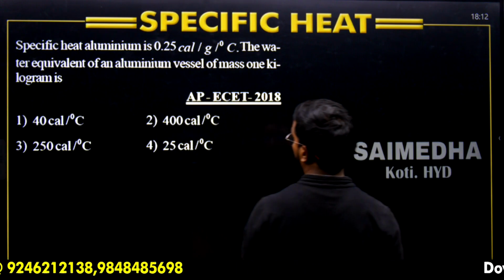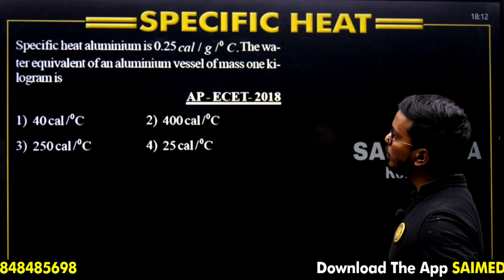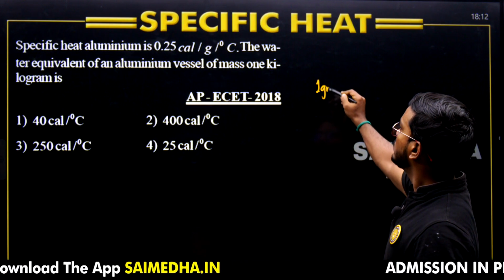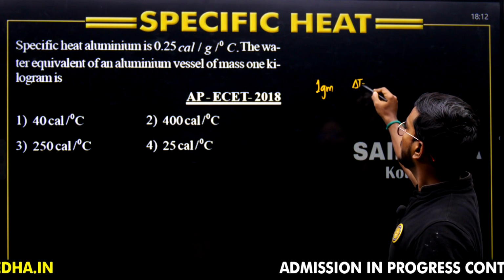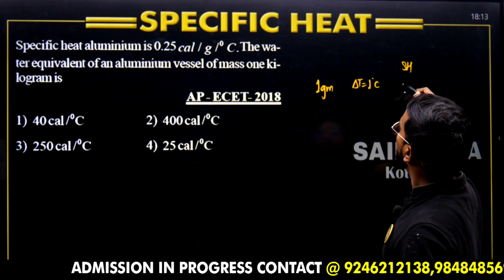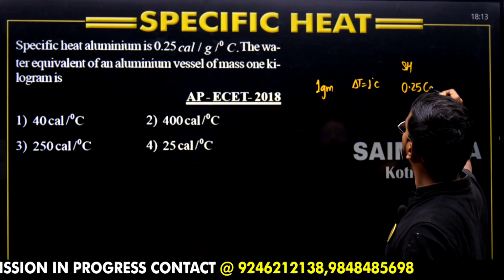Next one. Specific heat of aluminum is 0.25 calories per gram. That means for 1 gram, for a change in temperature of 1 degree Celsius, the specific heat value is 0.25 calories.